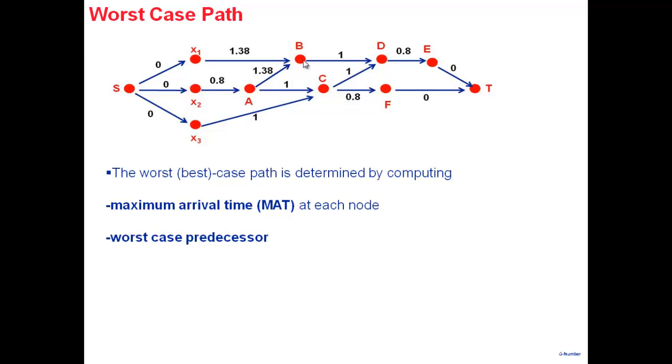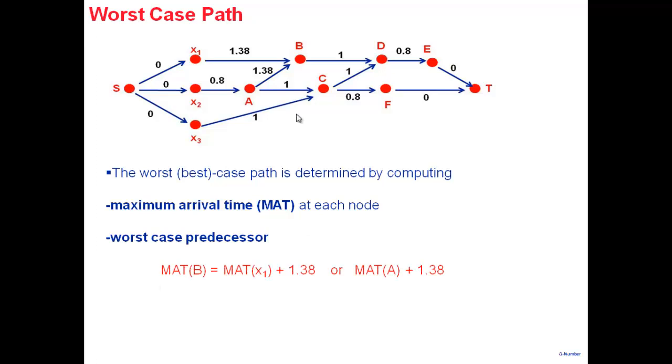If the maximum arrival time at B is some unit, is the input coming to B coming from A or X1? How does the maximum arrival time occur at B? Does it occur via the route A or via the route X1? That's the other information that I keep while I process my graph here.